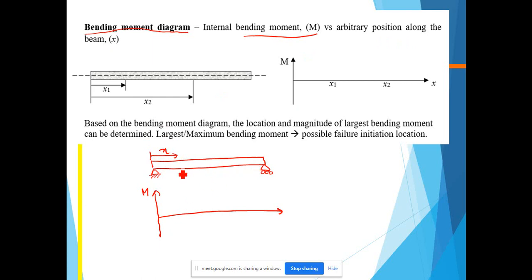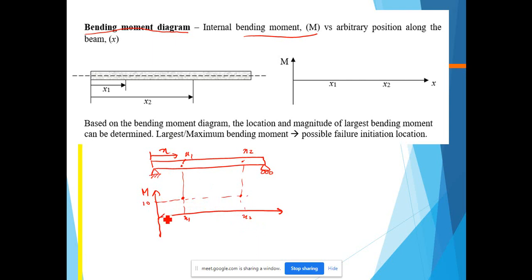So for example x1, and let's say this is x2. Let's say the value of M at x1 equals 10, for example, and the value of M at x2 equals 10 as well, same.